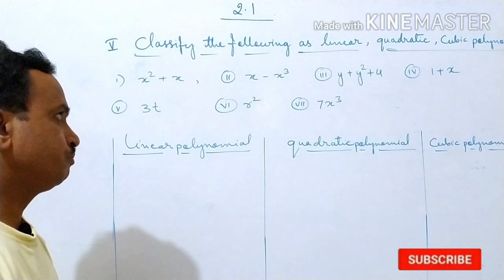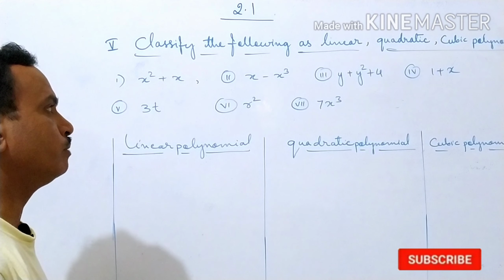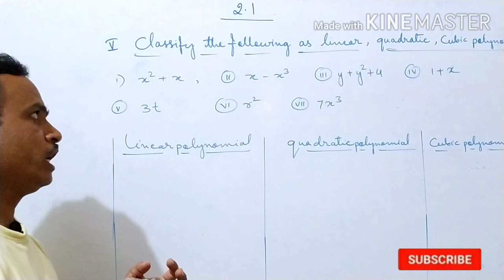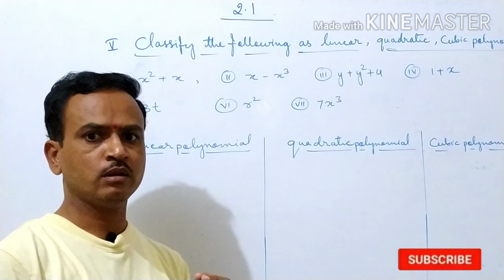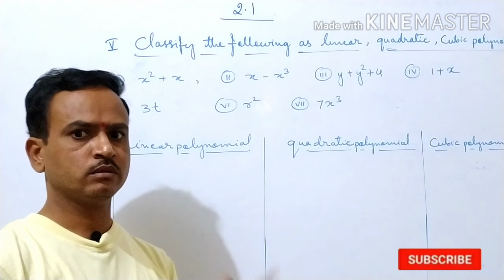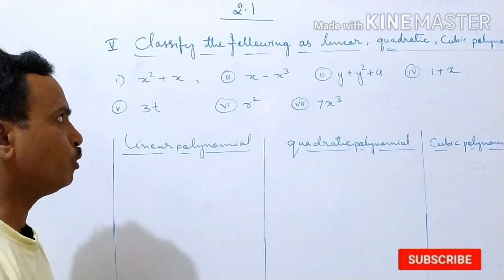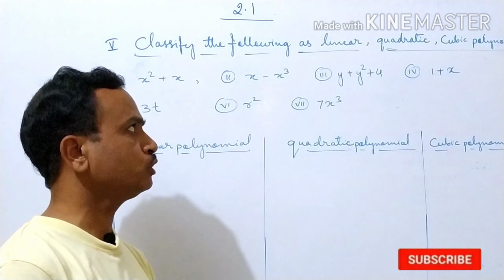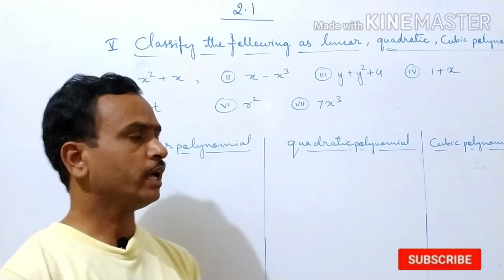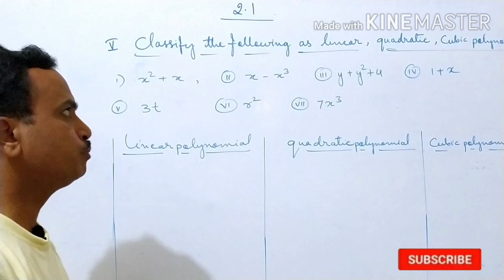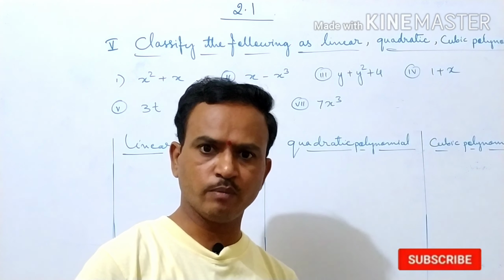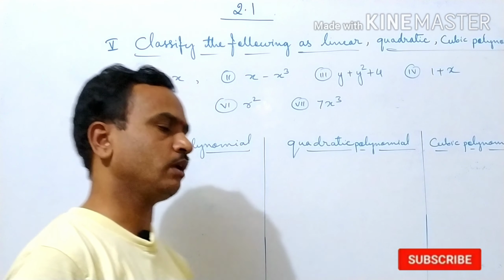You know that in a linear polynomial the exponent of the variable should be 1. Quadratic means the exponent of the variable should be 2. Cubic means the exponent of the variable should be 3.